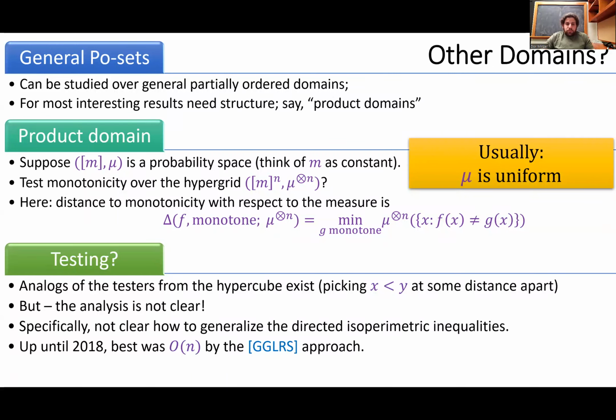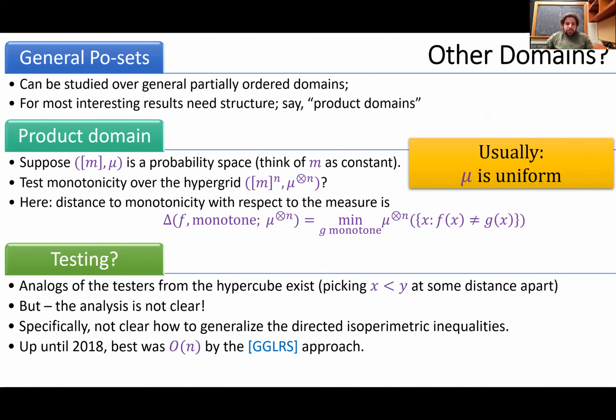So once you look at this problem, and especially if you are somewhat familiar with the testers for the hypercube, some testers immediately spring to mind when you look at this domain, which is called the hypergrid. There are clear analogs of the edge tester of Goldreich et al., as well as of the path testers. But the slightly annoying thing is that it's not clear how to analyze them.